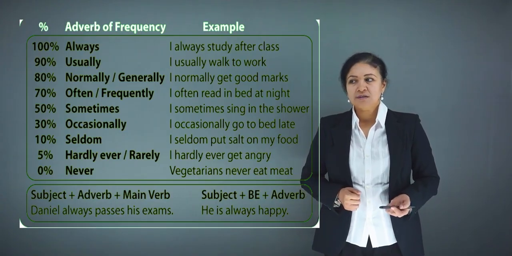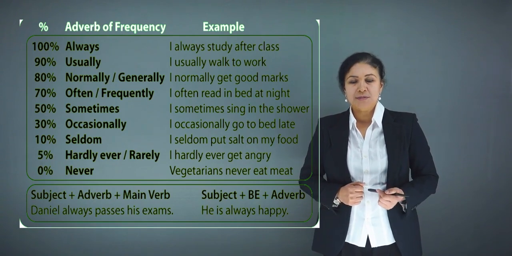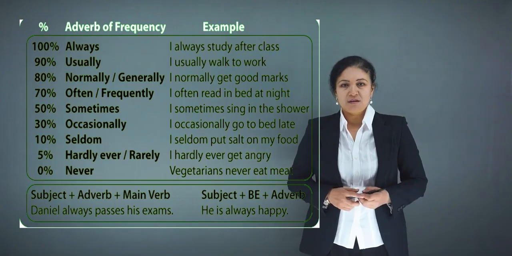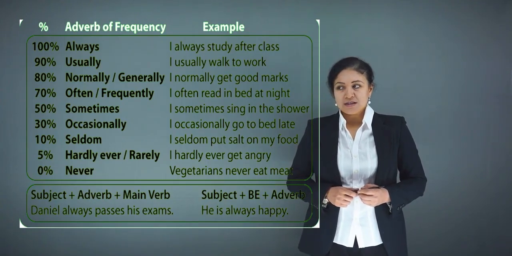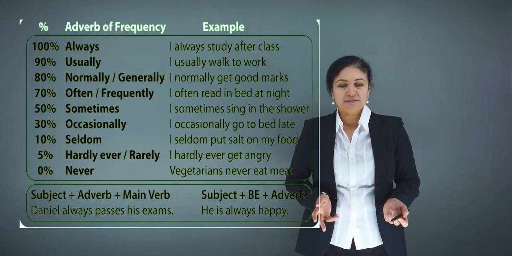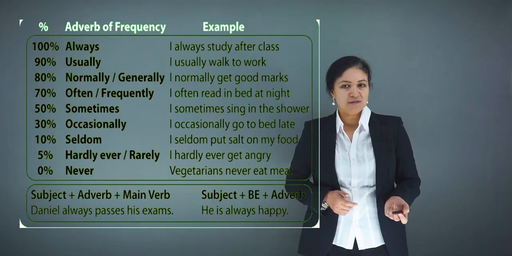I hardly ever get angry. It means almost you don't get angry. Okay, the last one, never. 0%, it means you never do this activity. For example, vegetarians never eat meat.